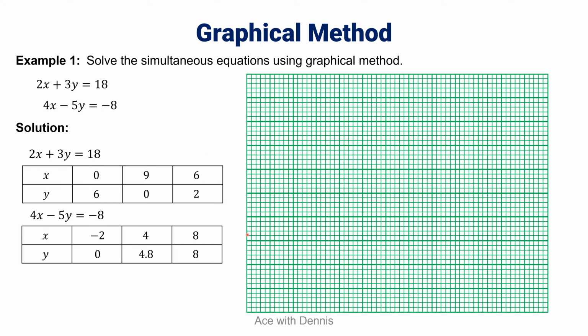Once we have these two tables, we can start to plot the graph. Let's draw the x-axis and choose the scale. The smallest value of x is -2 and the largest is 9, so I want to draw the x-axis covering from -2 to 9 or 10.